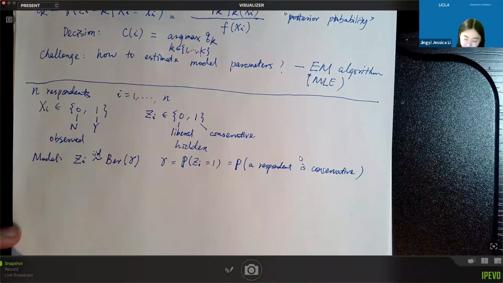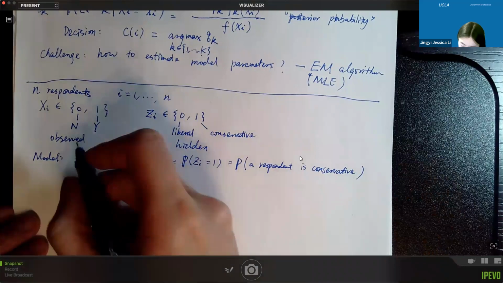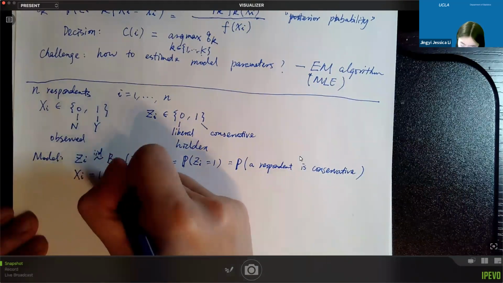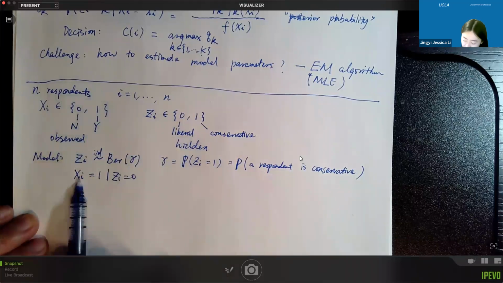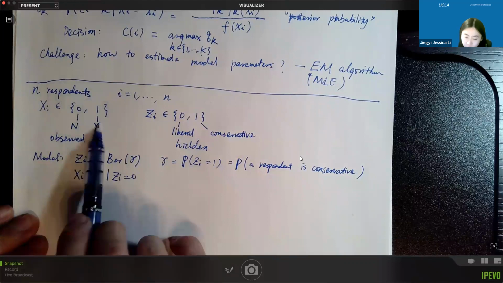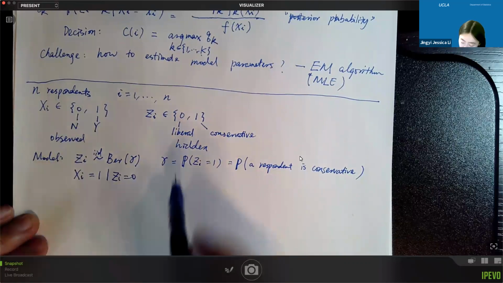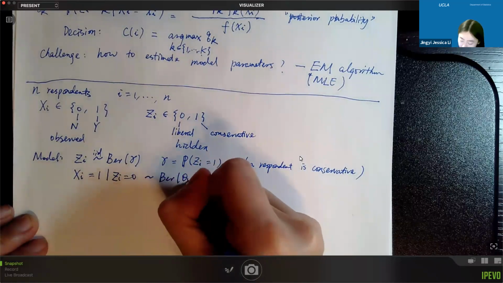Just as we did for the Gaussian mixture model, given zi equals 0, I'm interested in how likely this person is to vote yes. So again, this is a Bernoulli variable, right? Xi can only take two values, 0 and 1. So we're going to give this a parameter, Bernoulli theta 0.